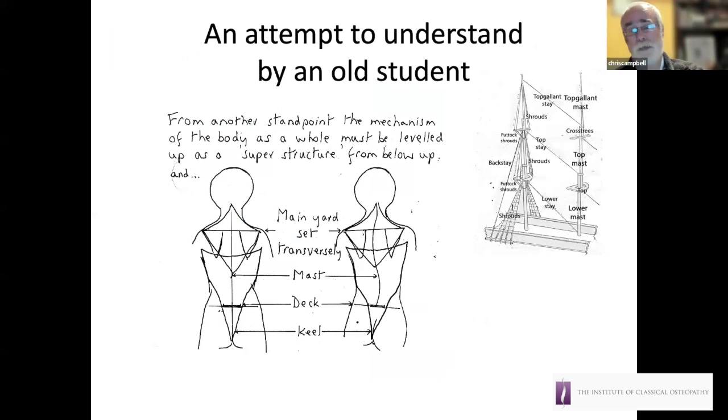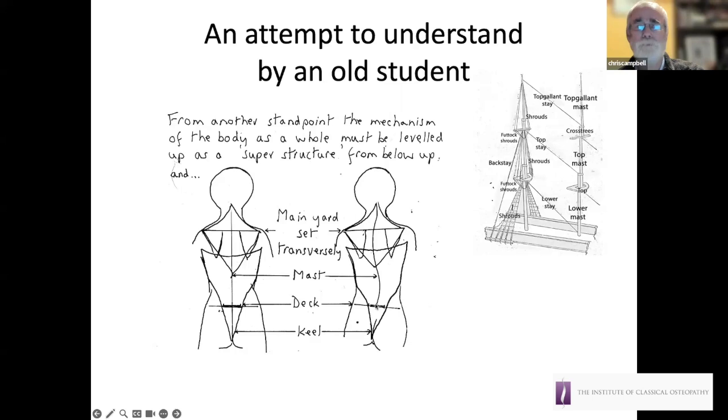An old student back in that time tried to make sense of it, going back to Littlejohn's description using the ship's mast, which has a keel and deck, and then the shrouds and the stays holding it in place. And he drew it with the sacral baseline tilting this way, giving you a curve to the right, and then these long, slow curves that you'd expect from that.